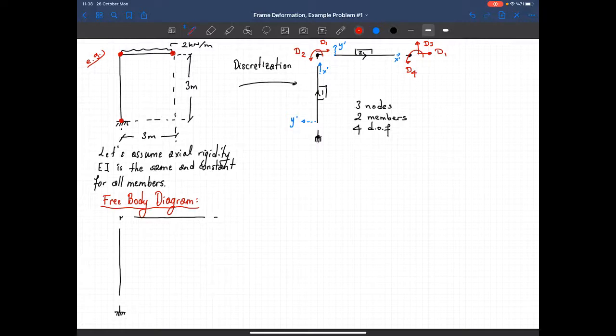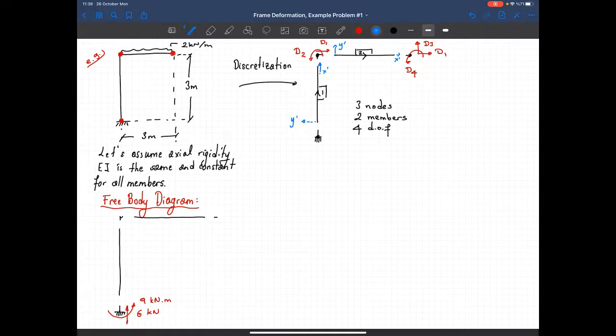So the support reactions, the vertical support reaction is 2 times 3, 6 kilonewtons. And in order to balance the moment due to the uniformly distributed load, I should have a moment in this direction, and its magnitude is 9 kilonewton meters.